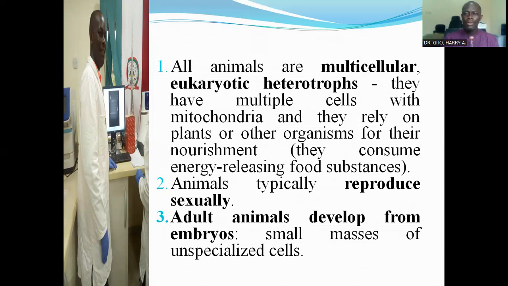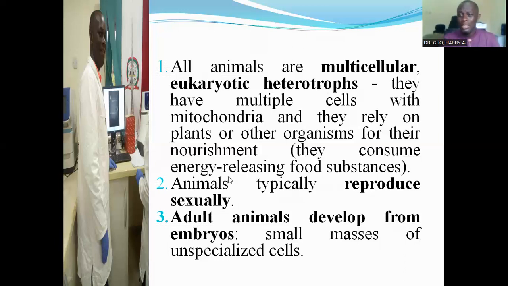They have multiple cells with mitochondria, and they rely on plants or other animals for their nourishment. They obtain energy from the plants that they eat, so they consume energy-releasing food substances from plants.